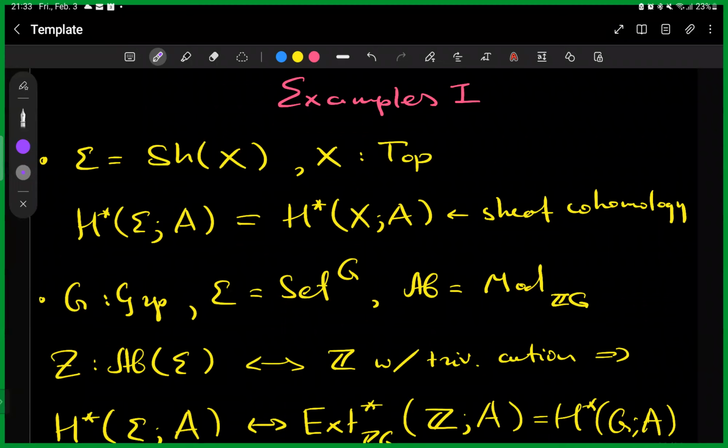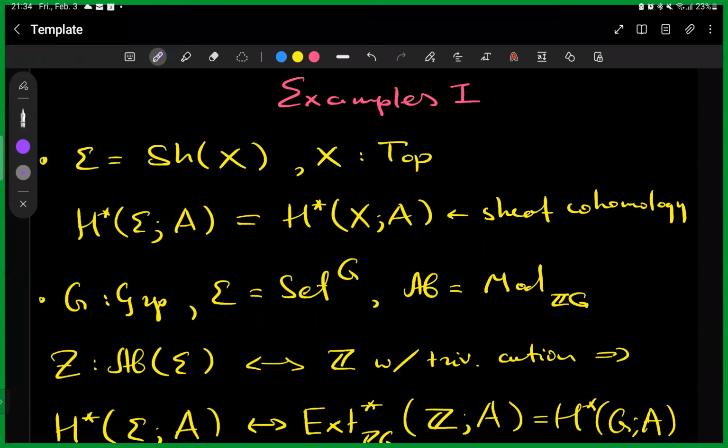Then cohomology of a sheaf on X, so cohomology of this topos with coefficients in such a sheaf, coincides with the usual sheaf cohomology of X. As I said before, basically a cohomology of a sheaf on a topos is defined via global sections, because we consider Hom from the terminal object. So that's to be expected.